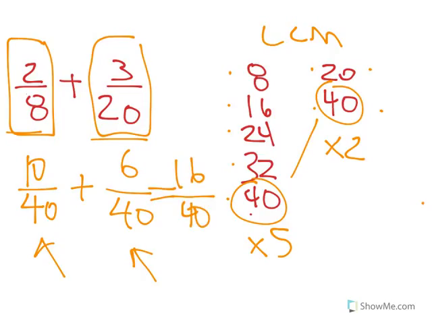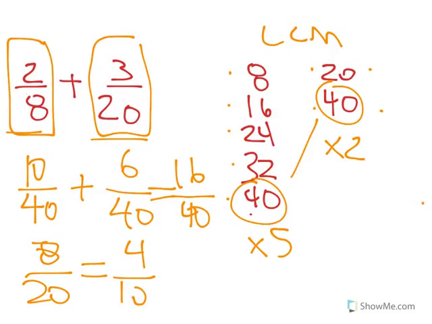And then what I'm going to do is I'm going to simplify that by going ahead, and 16 divided by 2 is 8, 40 divided by 2 is 20, 8 divided by 2 is 4, 20 divided by 2 is 10. Just keep doing this. 4 divided by 2 is 2, 10 divided by 2 is 5. And there we are.